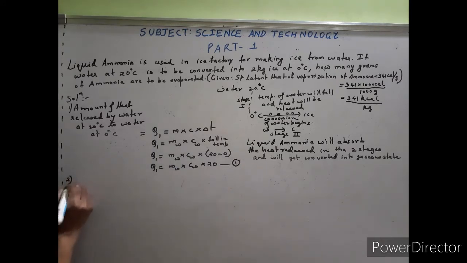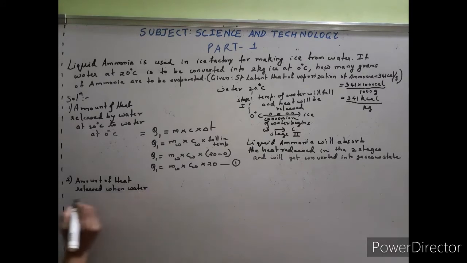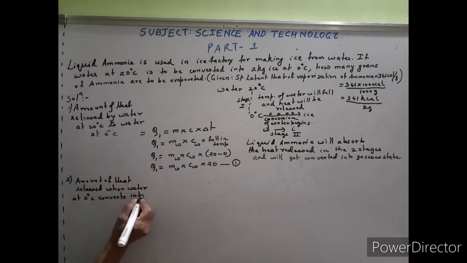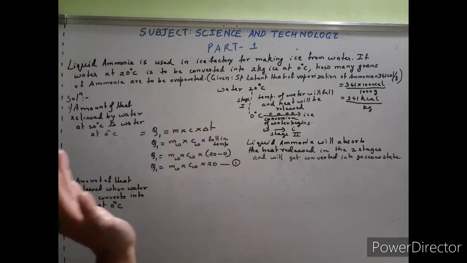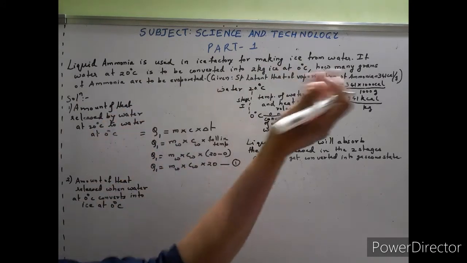Now second thing, amount of heat released when water at 0 degree centigrade converts into ice at 0 degree centigrade. अब पानी का टेम्परेचर 0 पर पहुंच गया है, अब 0 पर कन्वर्शन शुरू होएगा, वाटर आइस बनना शुरू होएगा.